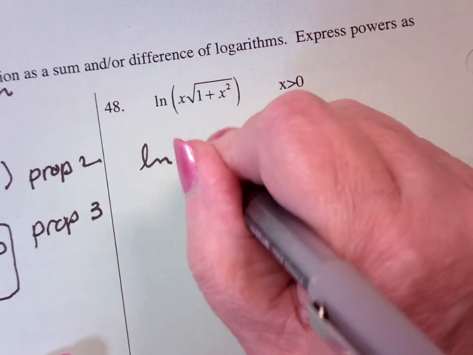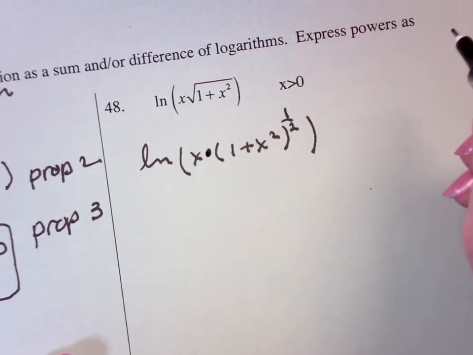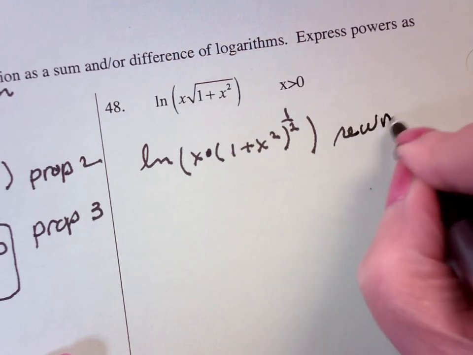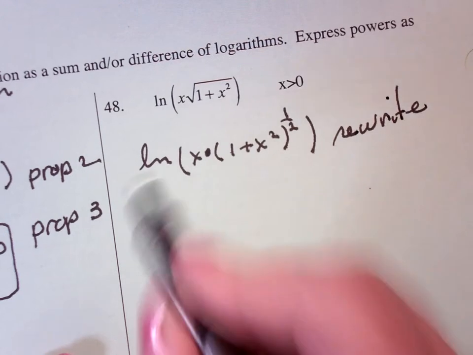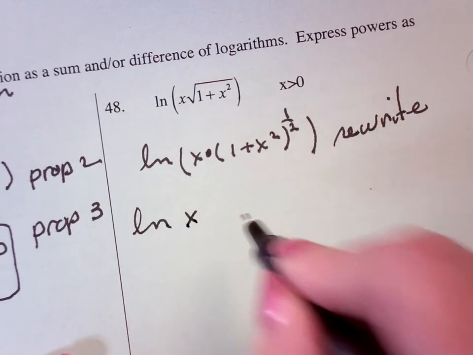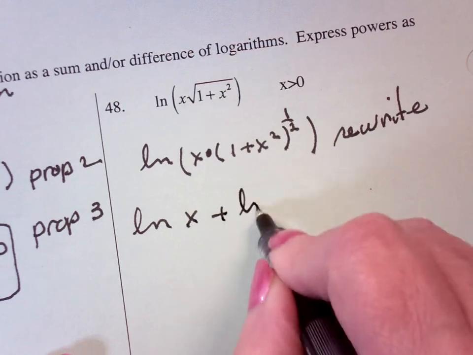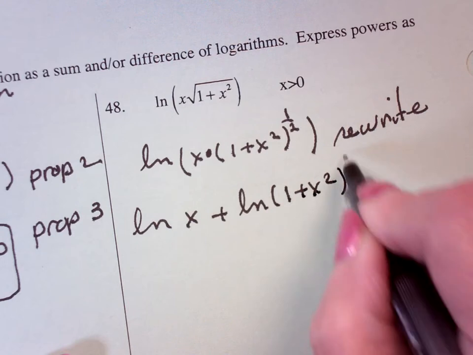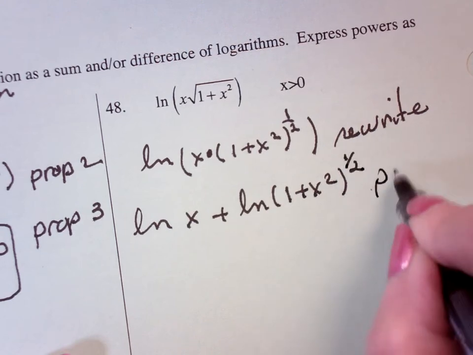Now I have the product of two things. So in this case, this was a rewrite. It's the natural log of the first factor plus the natural log of the second factor. And that's property 1.